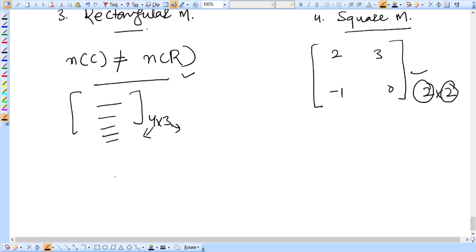Now another type of matrix is the diagonal matrix.